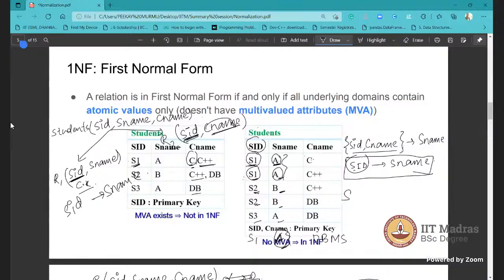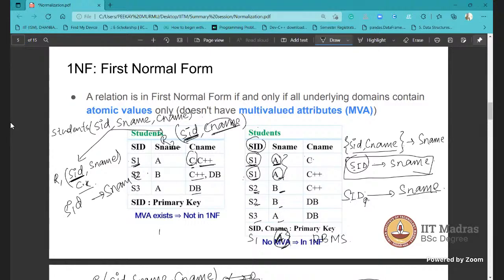Whatever attribute is attached to SID, SID determines SNAME, right? Up to this is clear, right? Are there any problems?